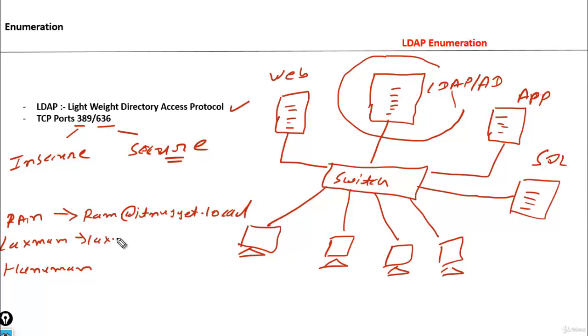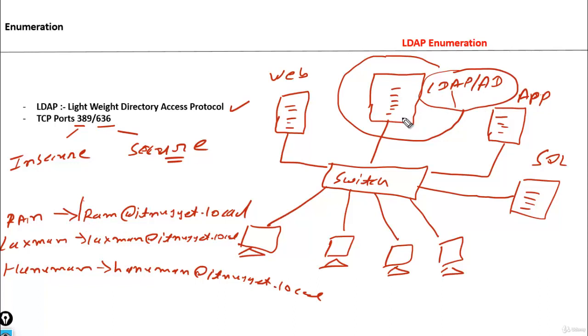Lakshman will use lakshman@itnugget.local, and when Hanuman logs in, he will use hanuman@itnugget.local. So you will create these three users in this LDAP server, and we will link this LDAP server as an authentication server for the application, for SQL, and for the web.